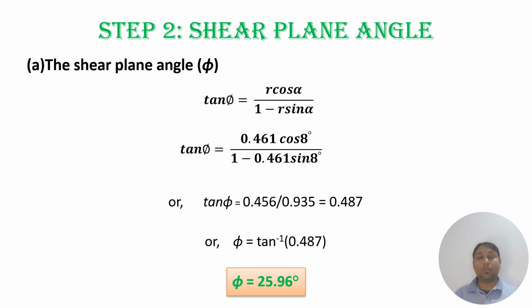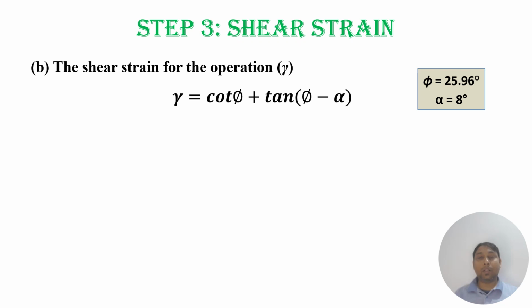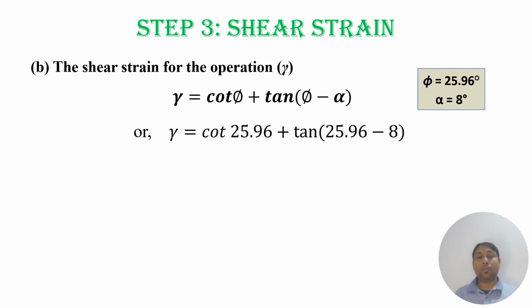Once you find the value of phi, you are able to find the value of shear strain, because in shear strain the only missing data is phi, and alpha is already provided. Now put these values in the equation. There is one challenge when you solve this on your scientific calculator: you will not find cot.